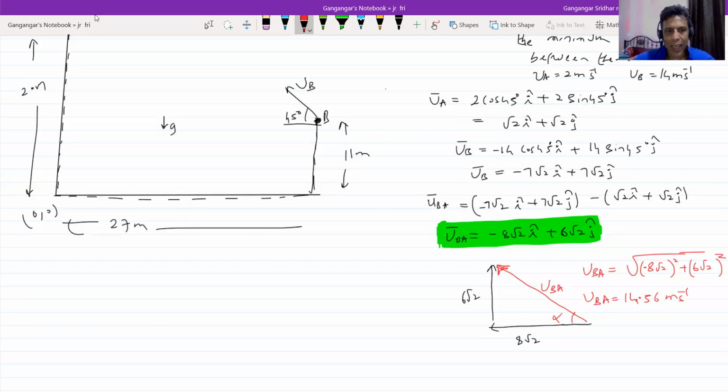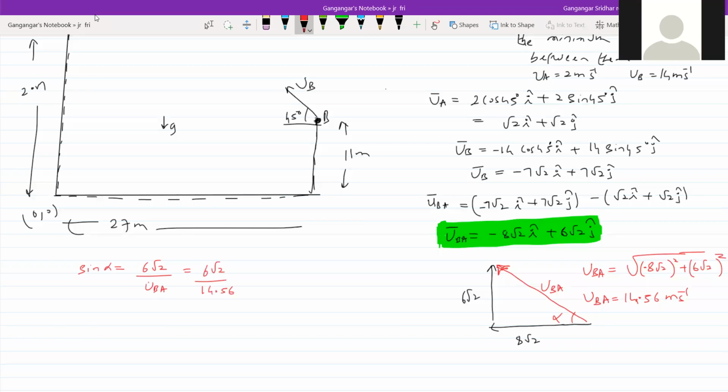Let's have sine alpha and sine beta in hand, so that they'll help us a lot. Sine alpha is what? 6 root 2 by UBA. So 14.56. Sorry, 14.14. Similarly, cos alpha is equal to 8 root 2 by 14.14.